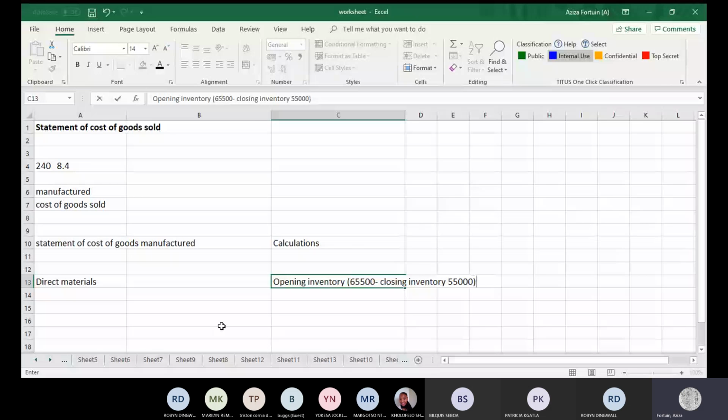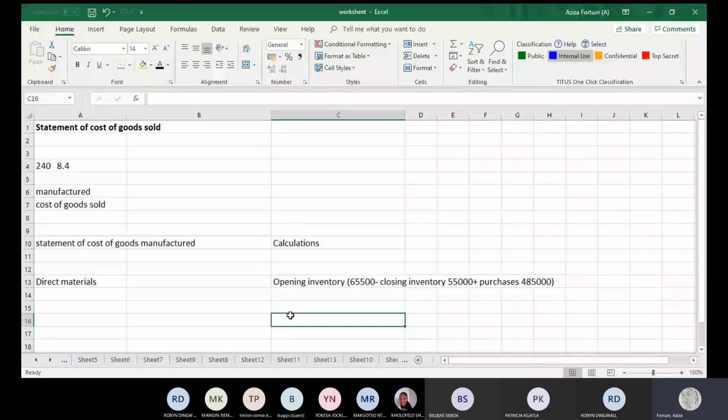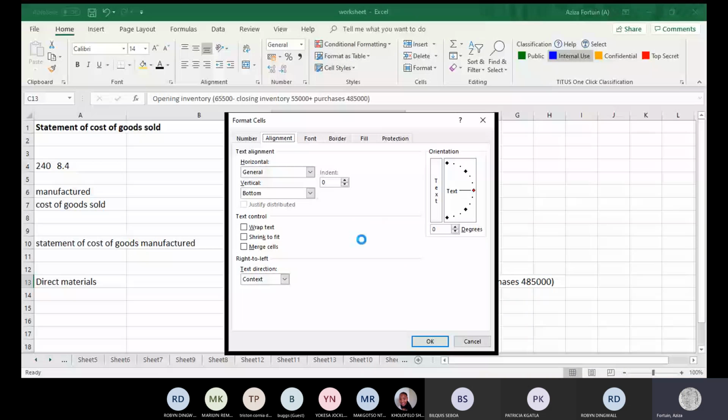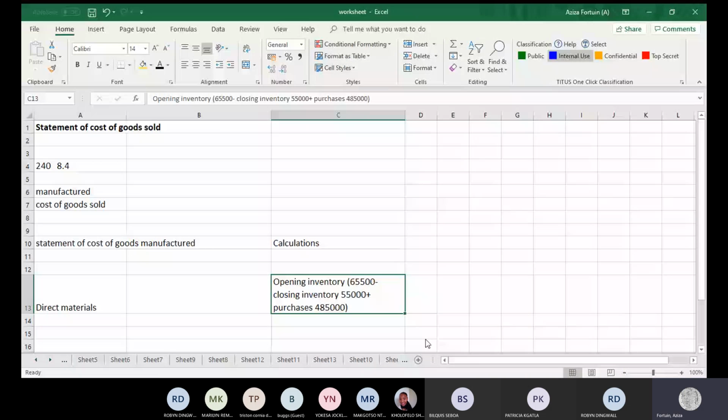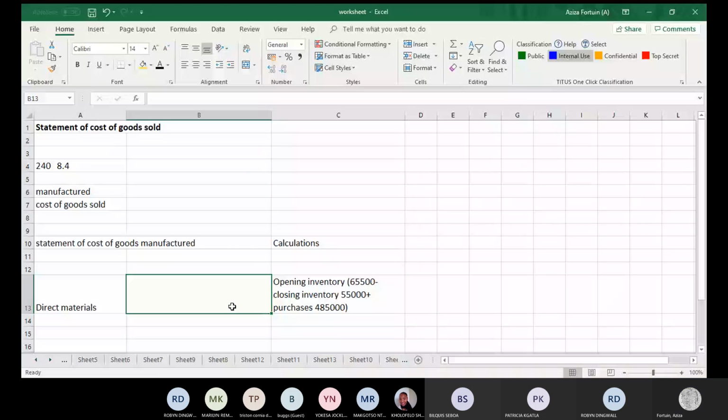Purchases, yes. So you're going to add the purchases. And that was 485,000. Okay. So what is that total? So that would then be 495,000. Okay.